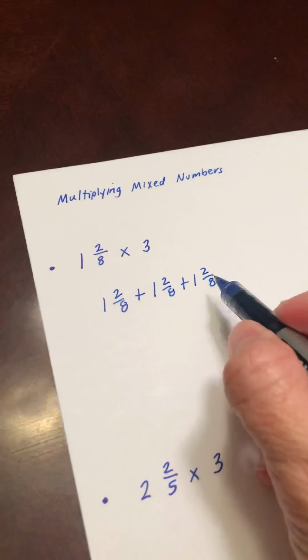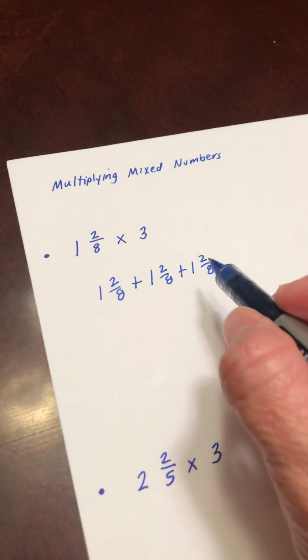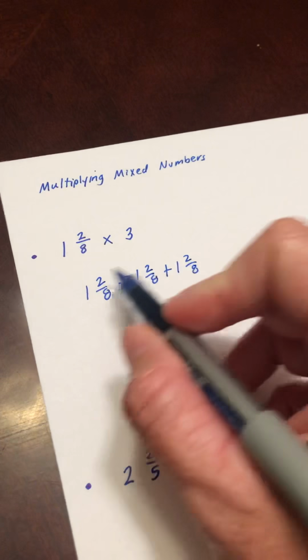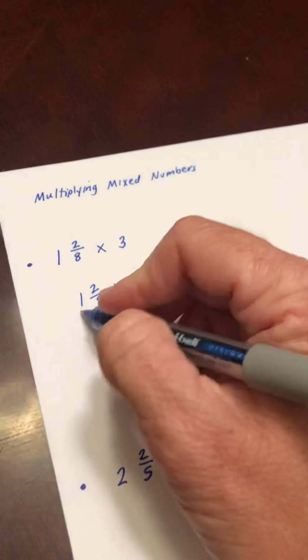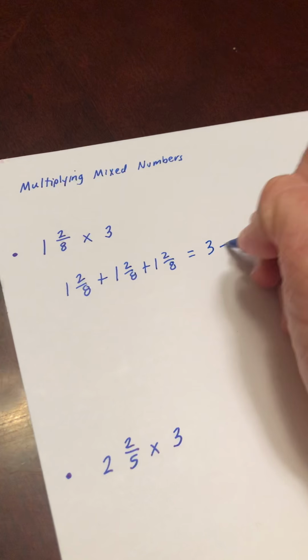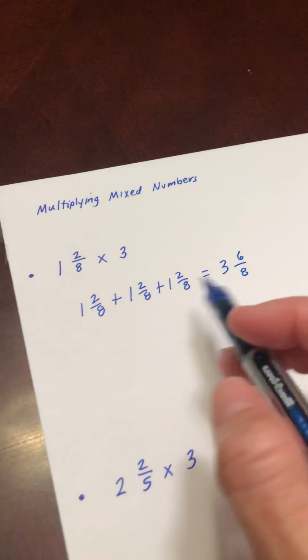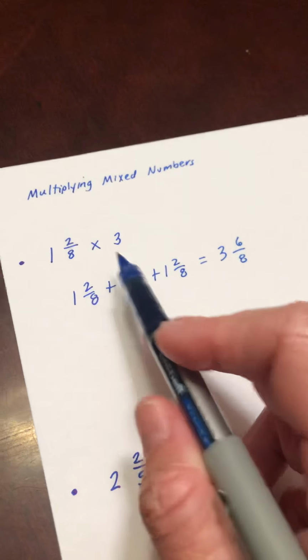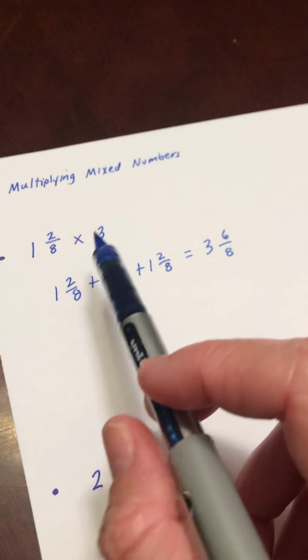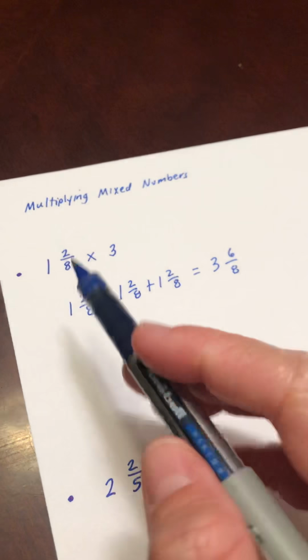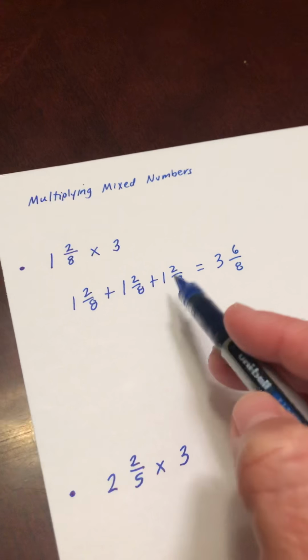And when you write it out like this, students are going to automatically understand and remember, oh, okay, we're going to have to do our whole numbers and our fractions. 1, 2, 3, 3 wholes, and this is 2, 4, 6, 3 and 6/8. If we don't get them to understand that multiplication is repeated addition, then here's the mistake they're going to make. When we learned about adding fractions, we learned we got to do the whole numbers with the whole numbers and the fractions with the fractions.